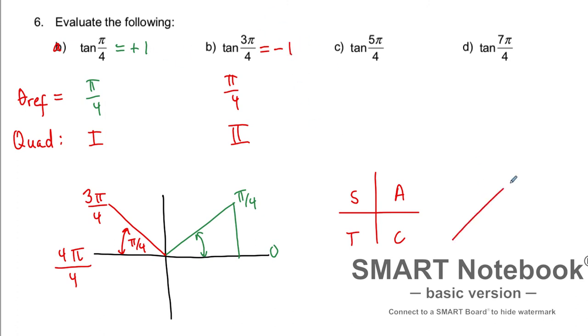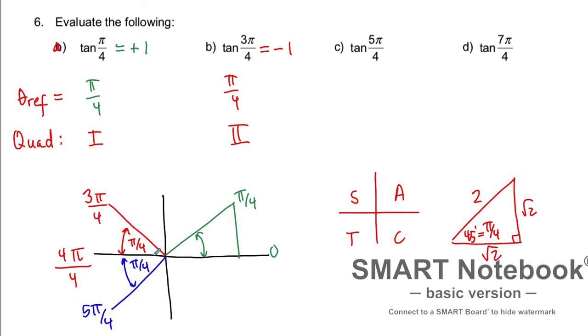Again, the special triangle that we're working with is the 45-degree or pi by 4 reference triangle, and the dimensions for the height and the base are the same, and the hypotenuse is root 2. So root 2 over root 2 is equal to 1. In quadrant number 3, which is where 5 pi by 4 lives, we see that we have a reference angle, or a difference between these two angles of pi by 4 again.